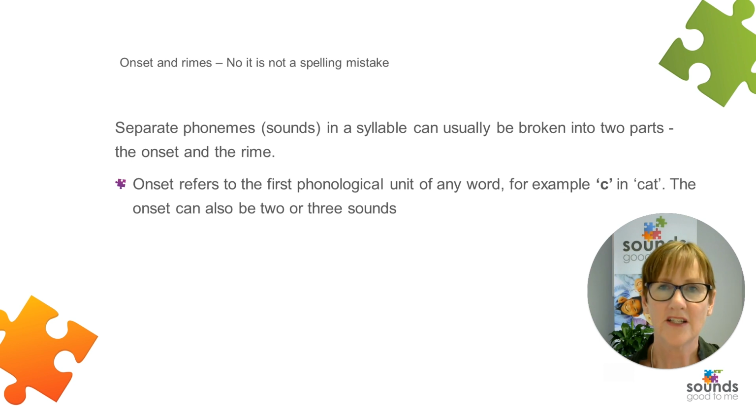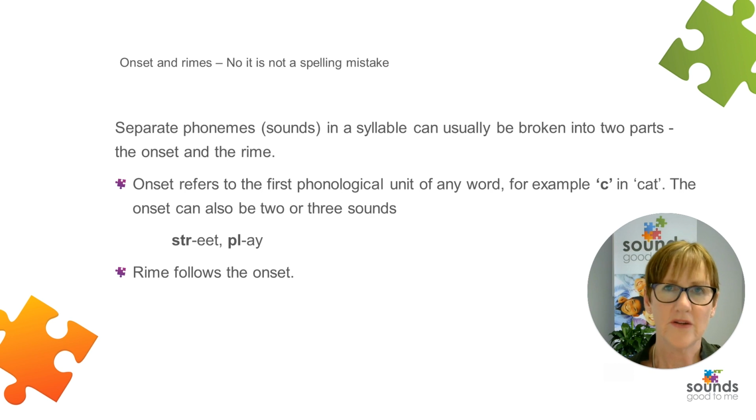For example, k in cat is the onset. Or the onset can be 2 or 3 sounds. So in the word street, the onset is 3 sounds. St, r. In play, the onset is 2 sounds. P, l.